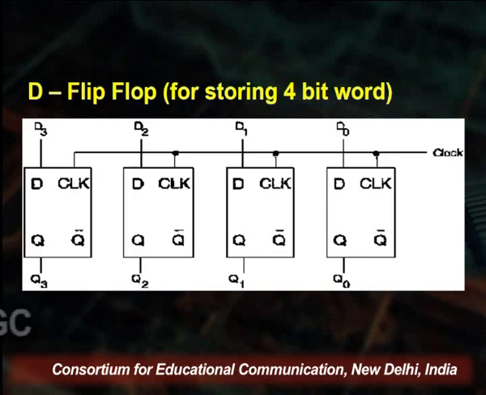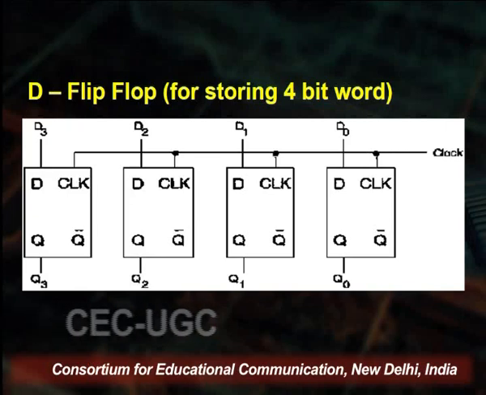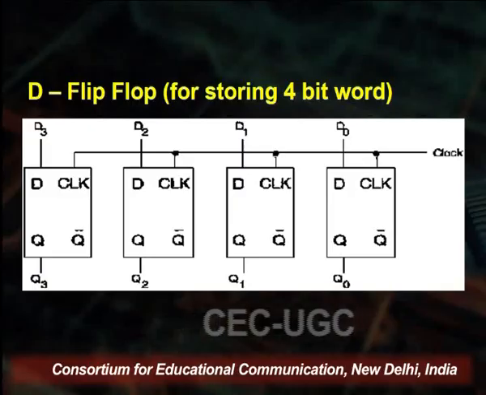This implies that this set of D flip-flops behaves as a 4-bit memory element, and there is no change in the memory until we switch on the clock and allow the input data to pass to the output.